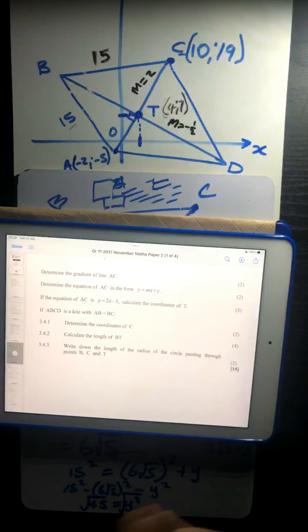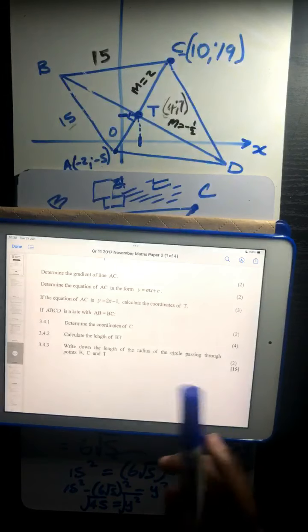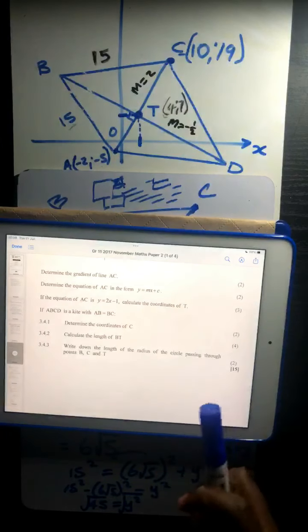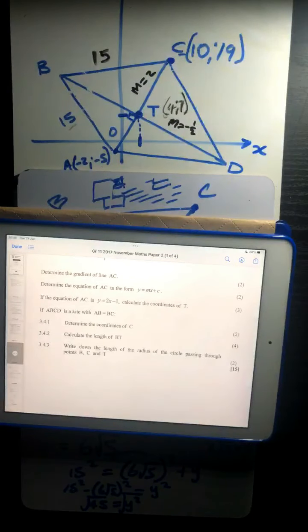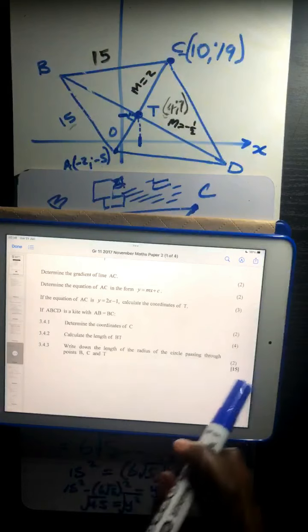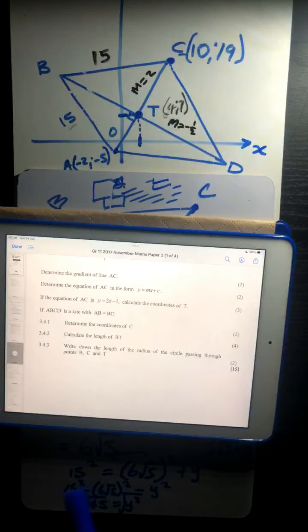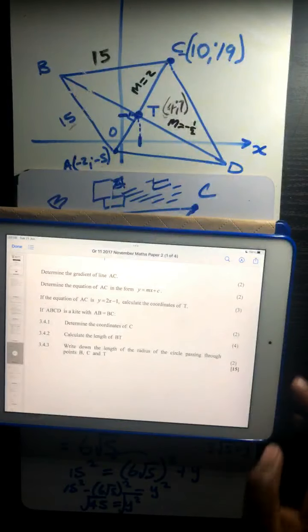Everyone who studied circles at school can attempt that one. On one of my upcoming lessons, I'll take you through the circles. But for now, we'll leave it there.